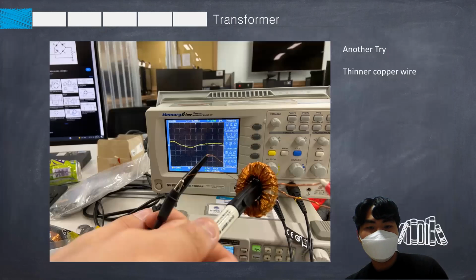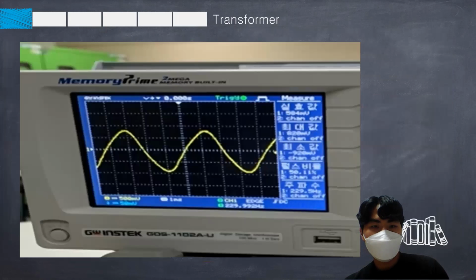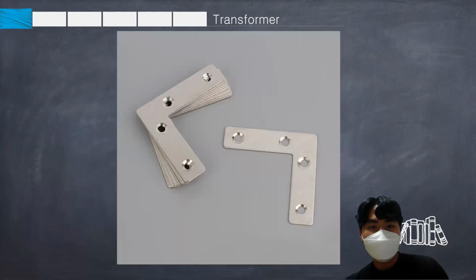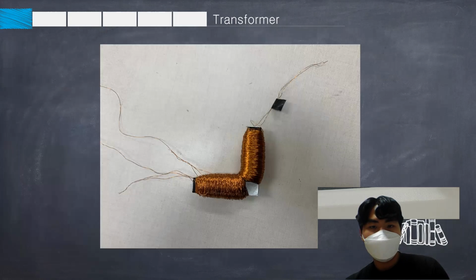So we gave it another try with a thinner copper wire, and we actually made some transformers out of it. We were able to get some sine and cosine graphs. This is our final transformer we used for our project.